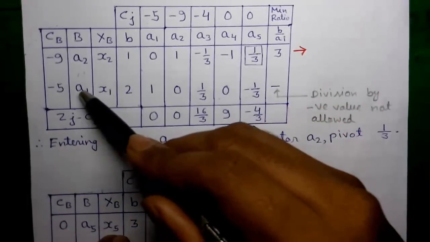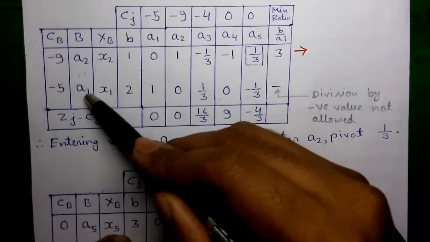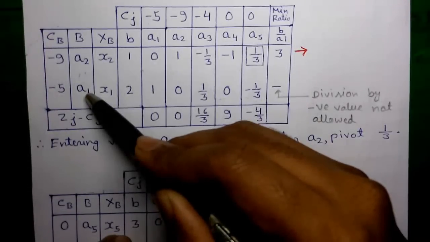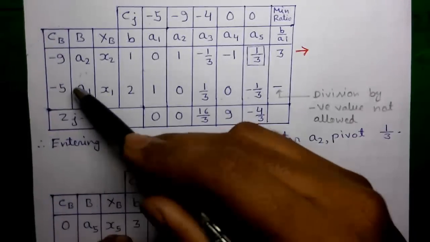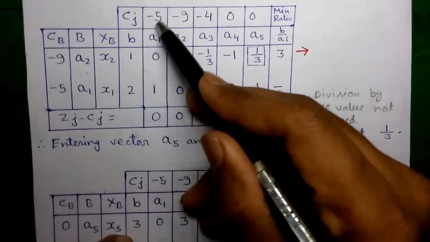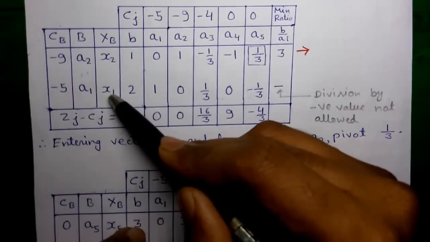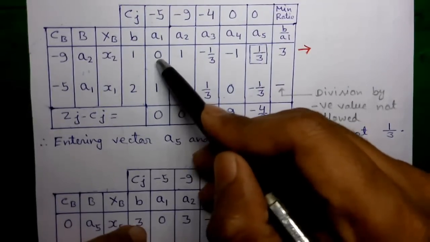And now you can see the vector A3 is replaced by A1, since A1 was our entering vector and A3 was our exiting vector. And also the cost of basic is changed. The value above A1 is minus 5, that is written here. And also the basic variable is changed, it is now x1. And now we have to do the same operation.